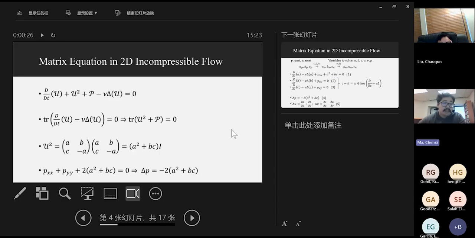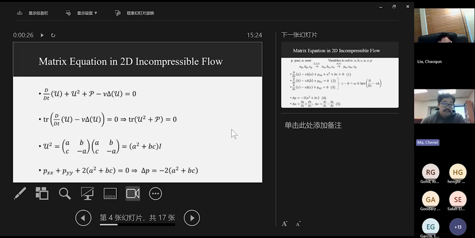Since the trace of the velocity gradient matrix U is 0 for incompressible flows, the trace of d over dt of U minus nu Laplace of U is also 0, which means the trace of U squared plus P should be 0. We plug in the formula for U, which is A, B, C, negative A, and multiply them.